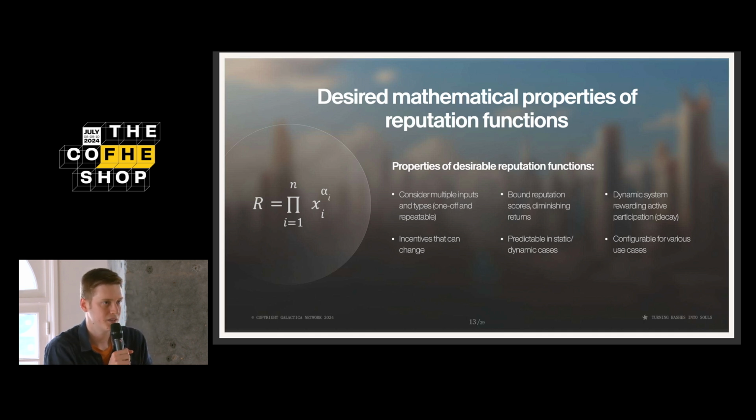In a very basic way, you can start with reputation as a product of a couple of reputation inputs. Each of those axes can be one thing you can do on-chain or off-chain.